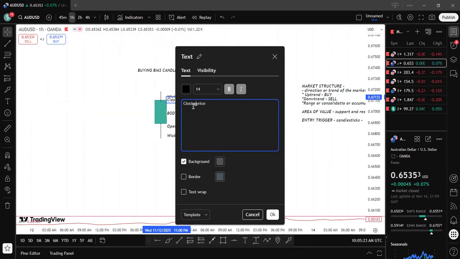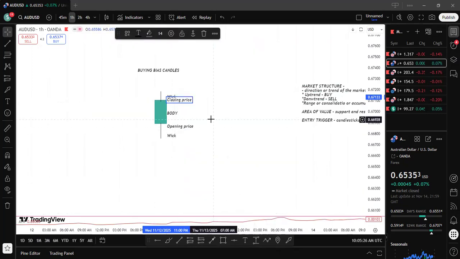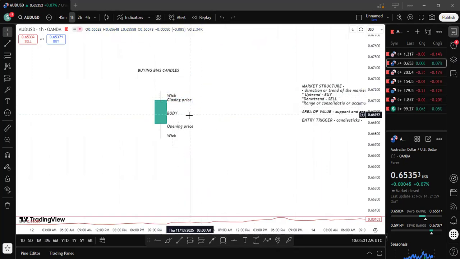So this is how a candle is labeled. Then the highest point here is called the highest price, and this is the lowest price.